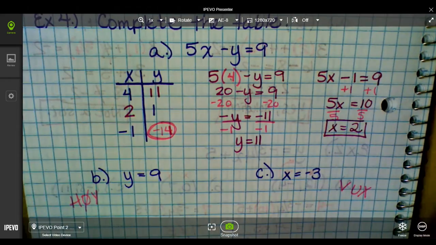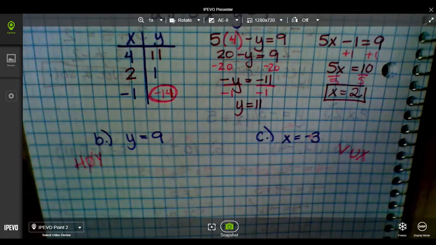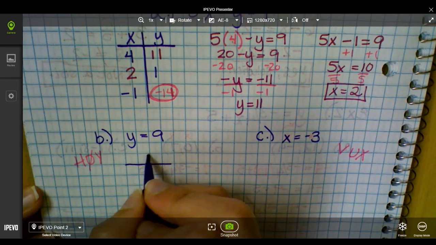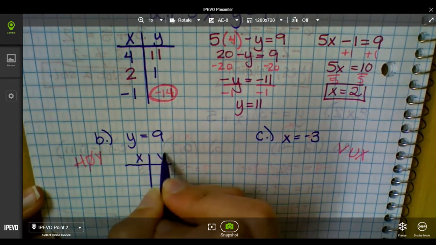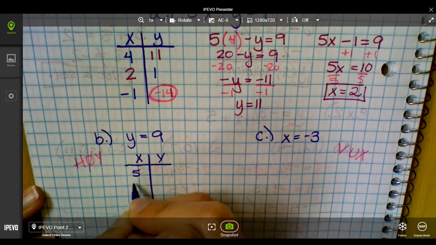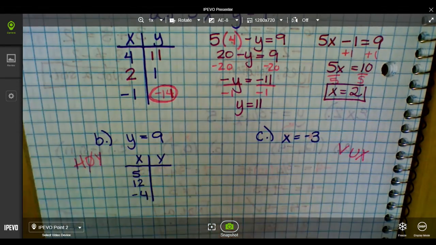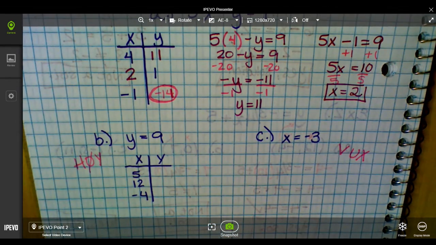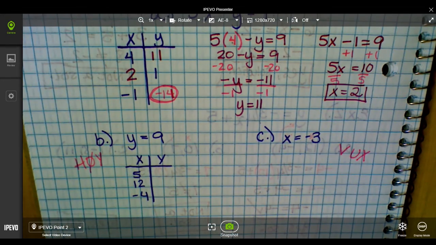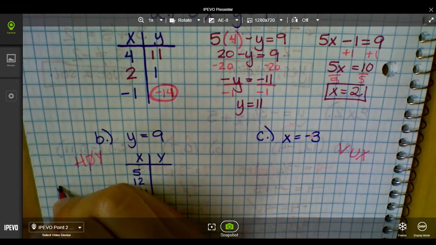So no matter what kind of tables I really gave you here, so x, y, say I gave you 5, 12, and -4, just like random numbers over here, what are going to be your y values? And this is really what you are doing. So if I have a horizontal line with a 0 slope, this is really the equation that I'm working with.